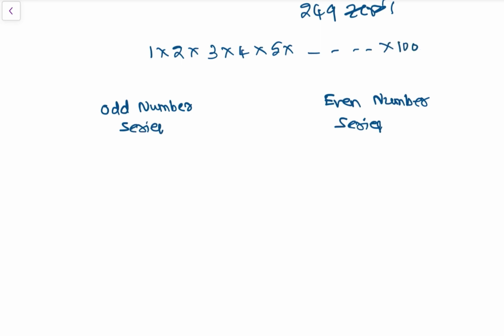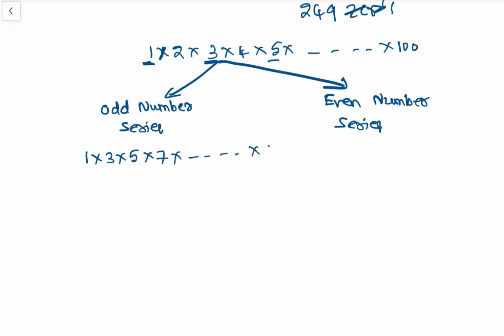Let's take odd numbers and make an odd number series, and let's take even numbers and make an even number series. So odd numbers are what? 1, 3, 5, etc. So the odd number series is 1 into 3 into 5 into 7 and so on into 99.